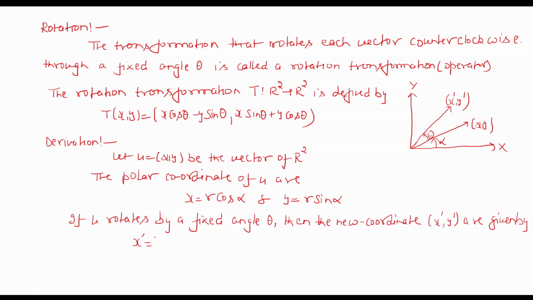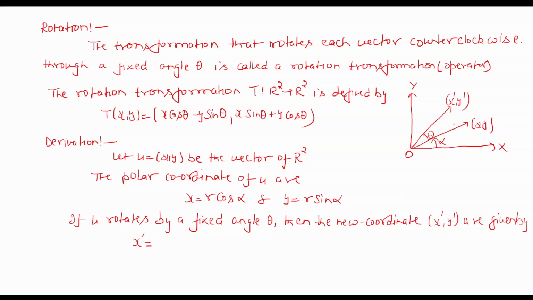Hello, am I audible? Hello. Yes, sir. So what should be the x'? r cos(alpha plus theta). Yes, very simple. In the polar coordinate, r is the distance from the origin, the length of this vector, and alpha is the angle made with the x-axis in the anti-clockwise direction.